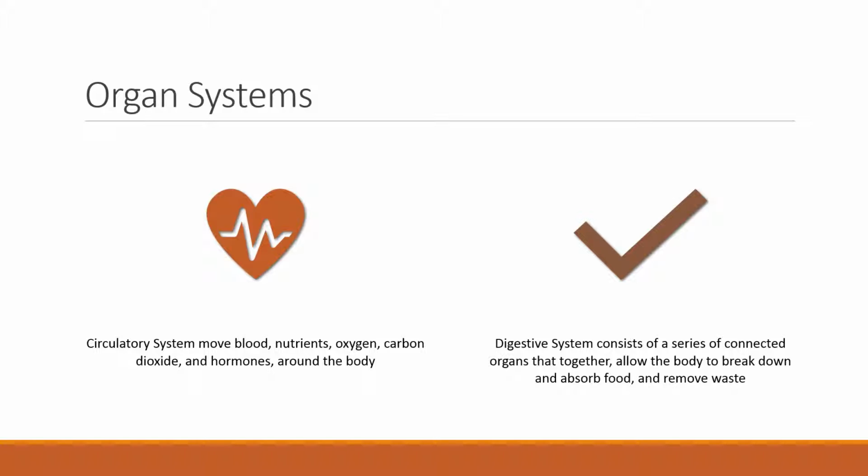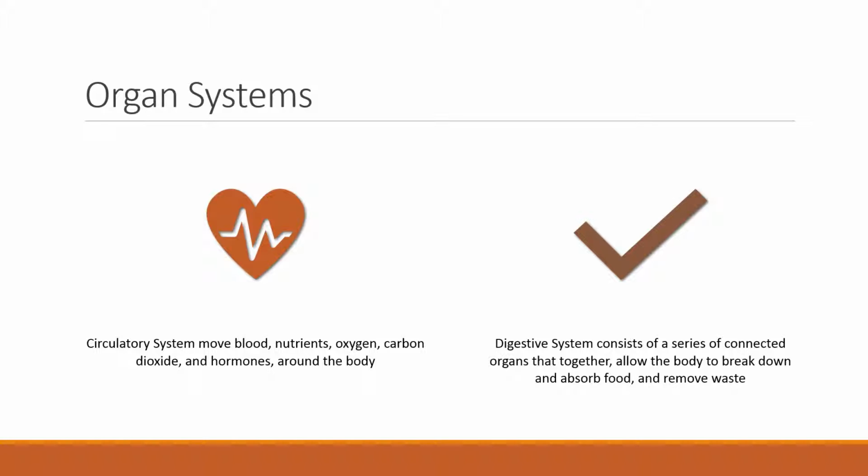Now, we are going to really get into the details of the relationship between diet and disease. So the digestive system is another system that we will pay close attention to during this course. It consists of a series of connected organs, and these organs allow the body to break down and absorb food and remove waste.